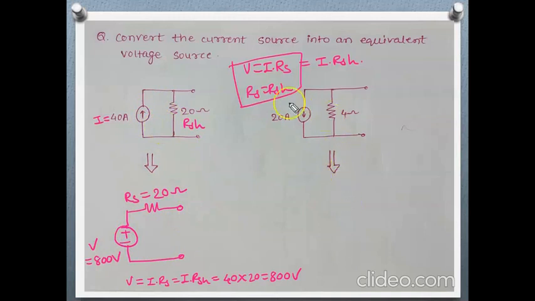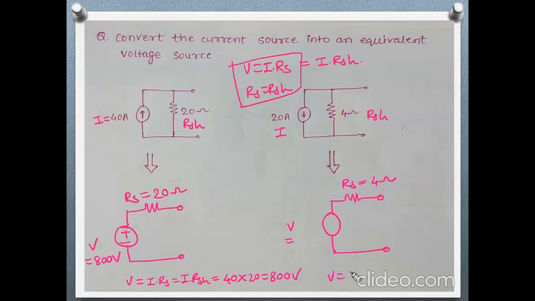Let's solve this. Here also we are using these two equations only. This is the RSH given, this is the current given. So first we will draw the equivalent voltage source. This is the RS and this is the V. RS is nothing but RSH, so 4 ohm, and V is what? Let's calculate.